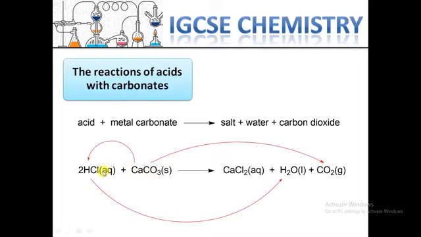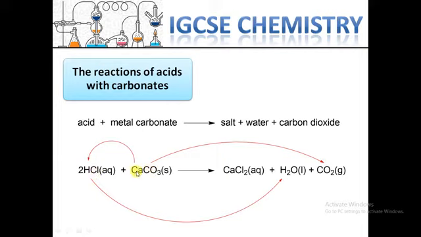If you remember last session, this is the same reaction. If you want to wash the kettle inside after a long time, when the calcium carbonate is concentrated there, you can use hydrochloric acid.